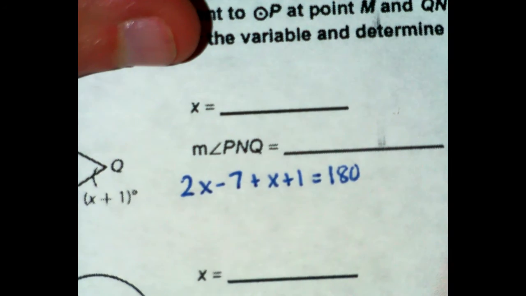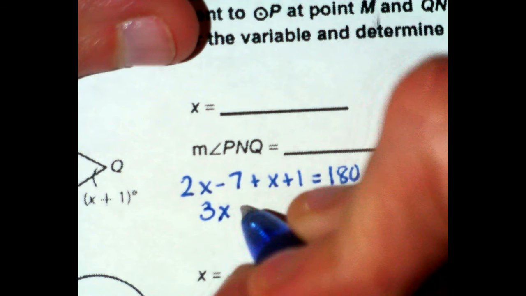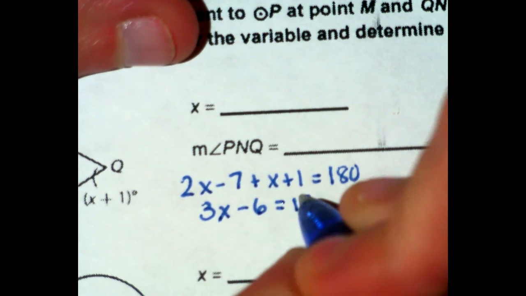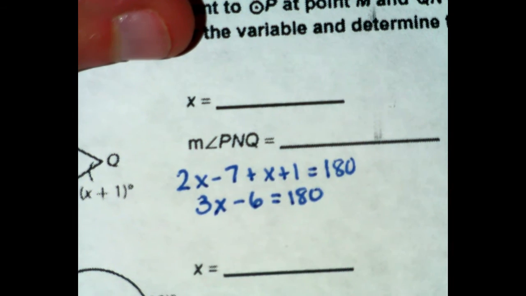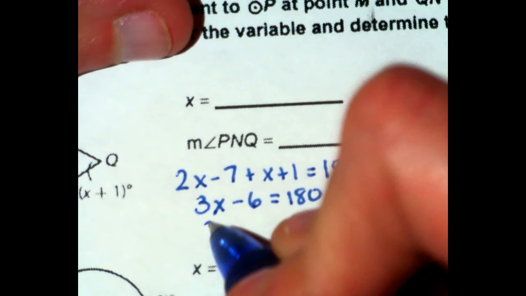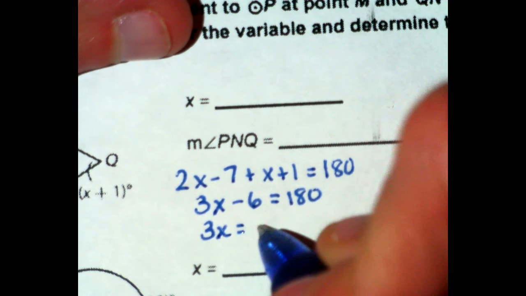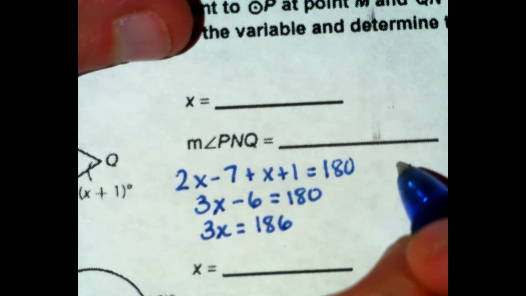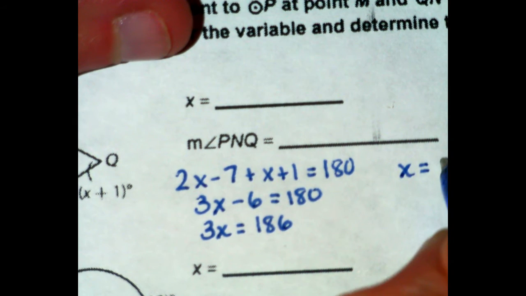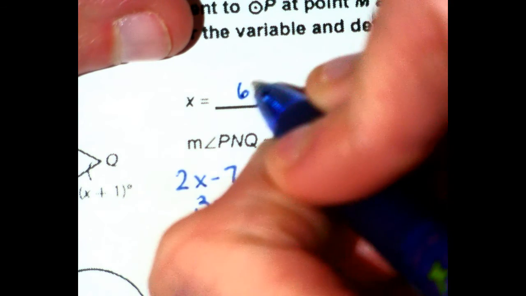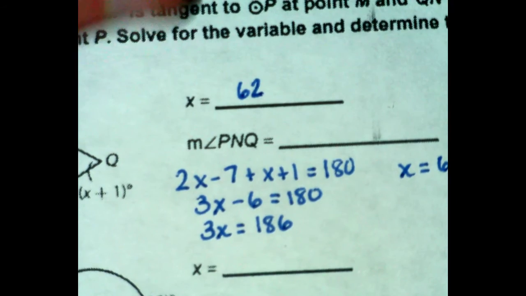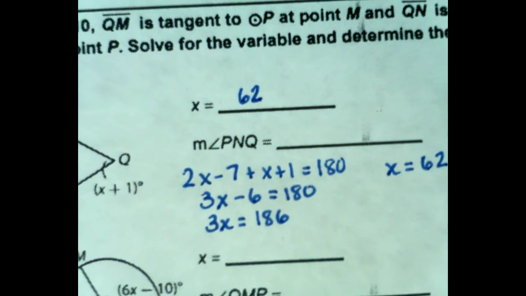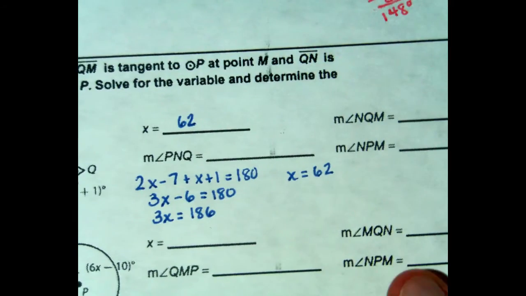Alright, so combine like terms and you get 3x minus 6 equals 180. And then what? Add 6. So 3x equals, and then what do you do? So x equals, it's what? 62. That is x, not an angle, so do not put degrees.